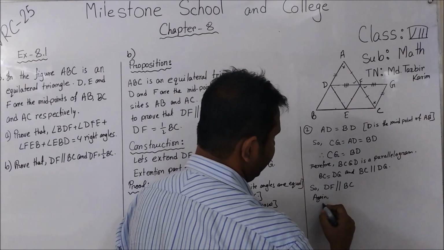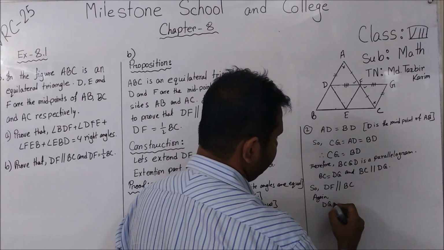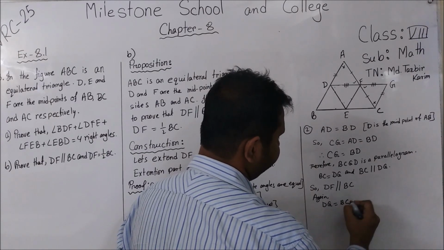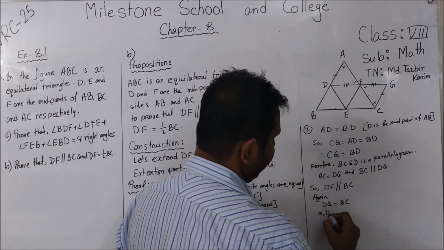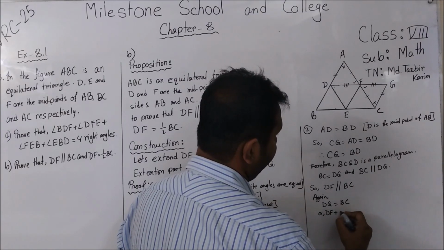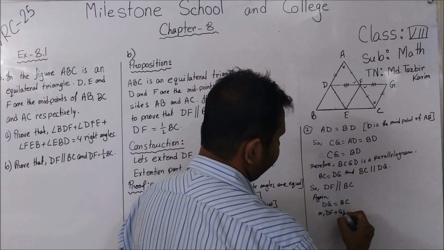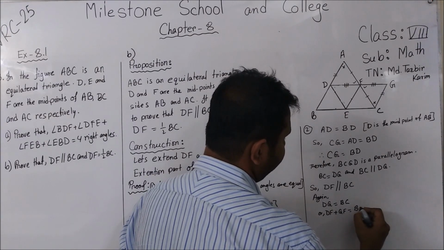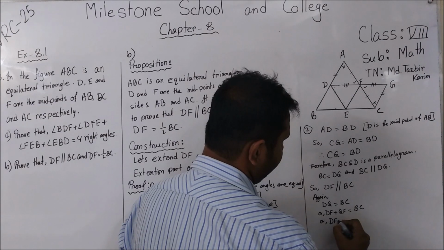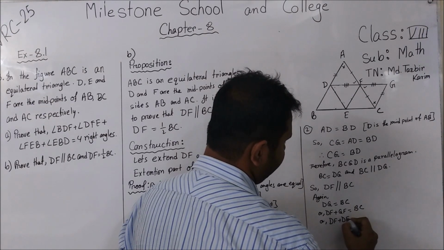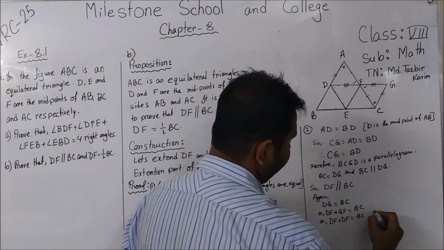Now again, DG equal to BC, or DG you can write that DF plus GF equal to BC, or DF plus DF equal to BC. Why can you write that?